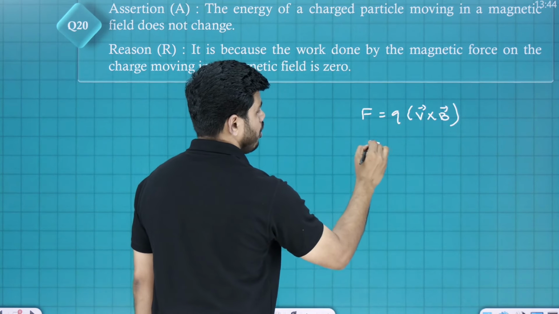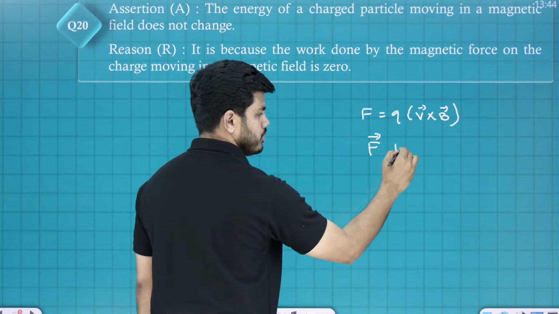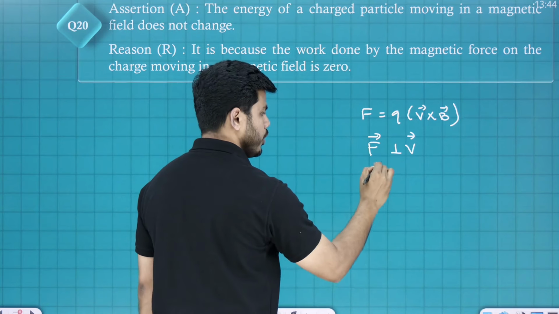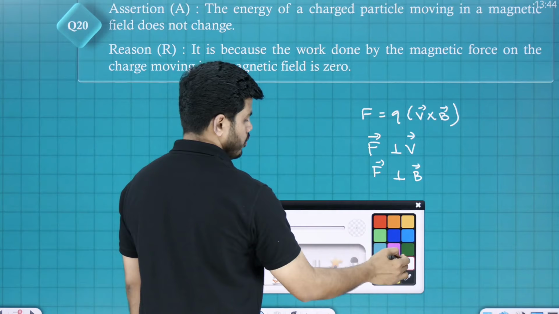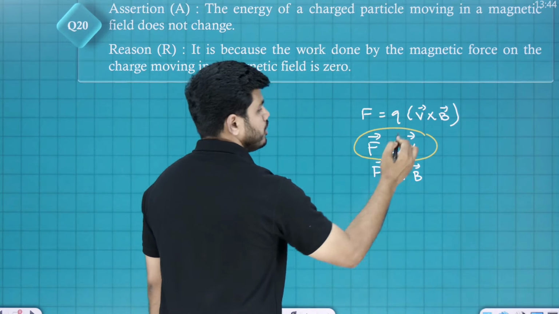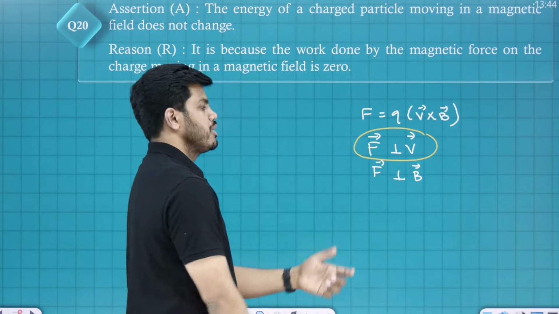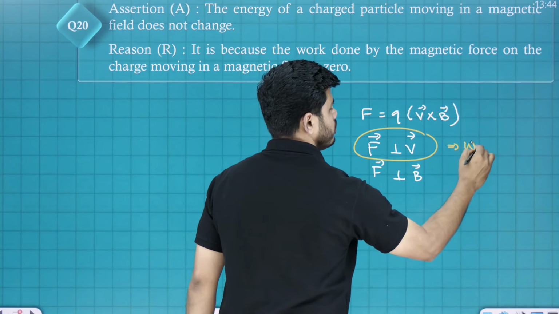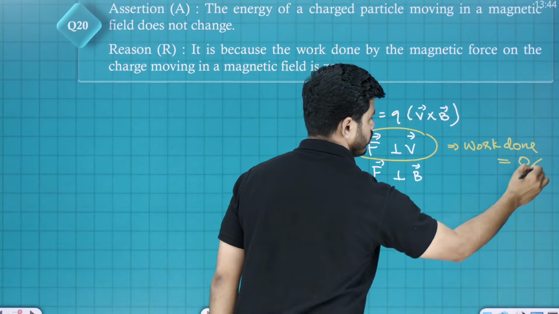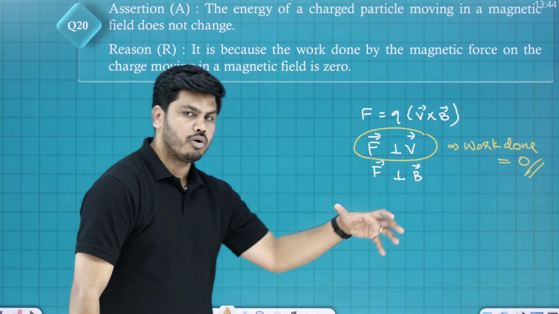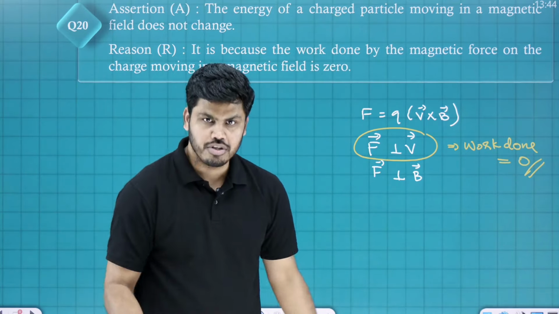So force is always perpendicular to what? Velocity. Force is always perpendicular to the magnetic field also. If force is always perpendicular to the velocity, force will be perpendicular to the displacement also. Because of that, work done by the magnetic force on a charge is always 0. If there is no work done on the charged particle, there is no change in energy also.